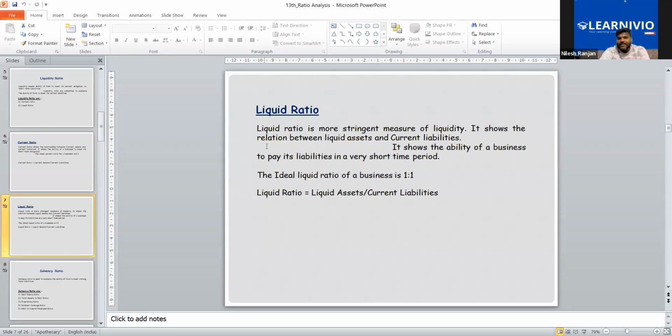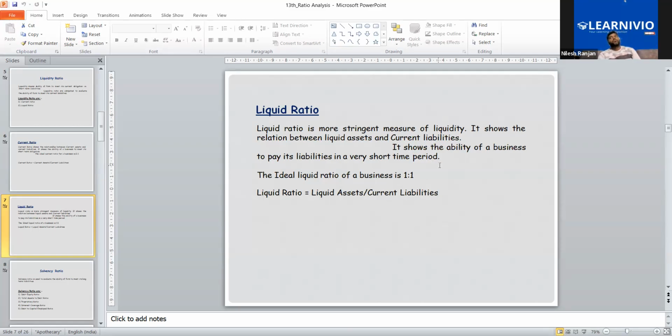Liquid ratio is a more stringent, better measure of liquidity. It shows the relation between liquid assets and current liabilities. Liquid assets are almost the same as current assets, with a little difference, which we will discuss. It shows the ability of a business to pay its liabilities in a very short time period. Very short means within 3 months.